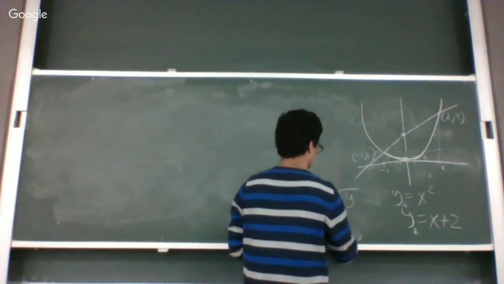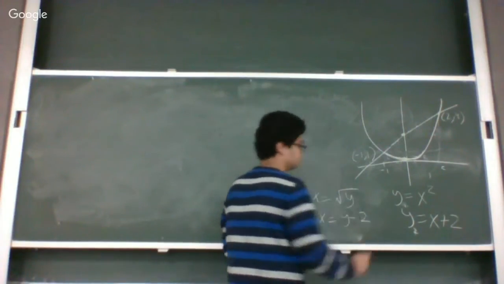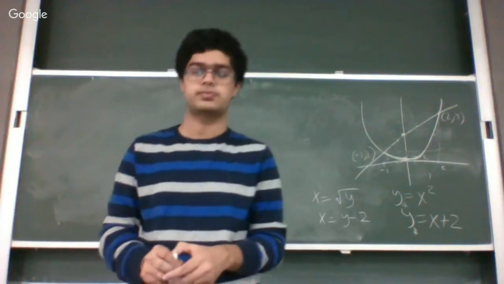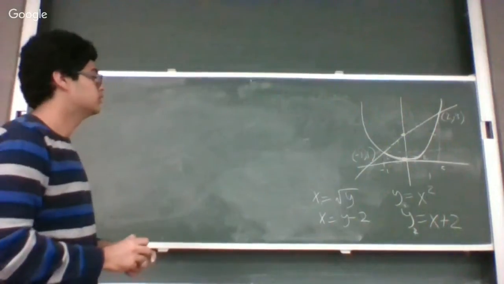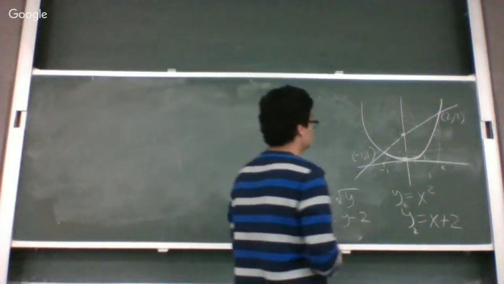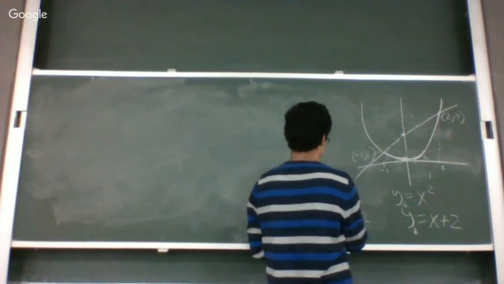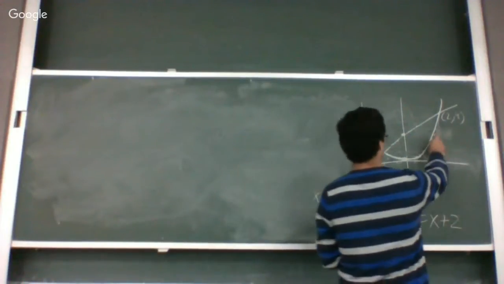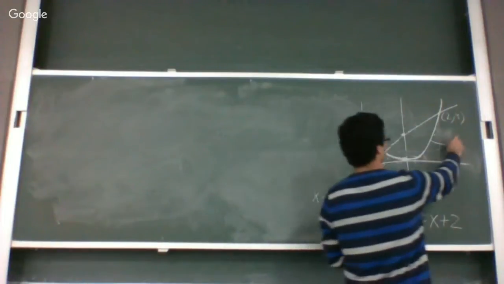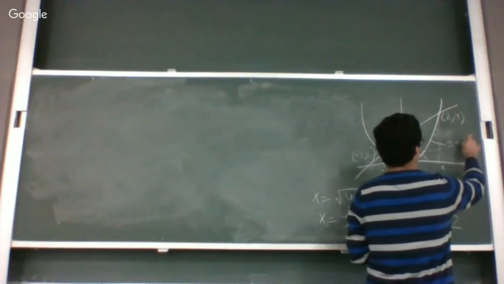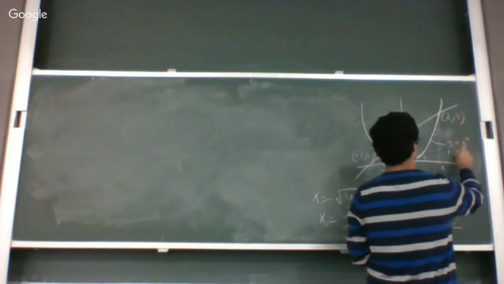This one, x is equal to y minus. When you graph it, you should draw a line saying y1 is equal to x squared, x1 is equal to square root of y.